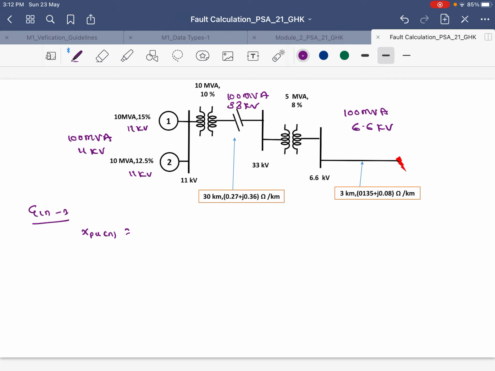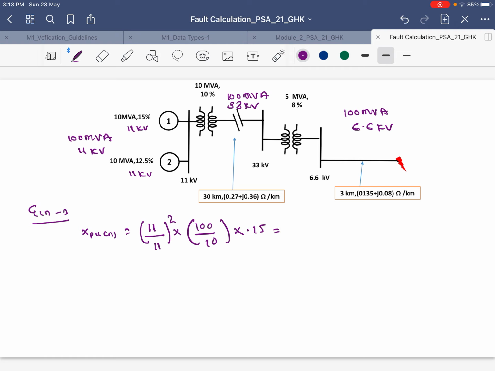This is under no load condition, which means the bus is maintained at 11 kV, and therefore the generator is also maintained at 11 kV. Times MVA new, which is 100, divided by MVA old, which for the first generator is 10 MVA, into the old reactance 0.15.